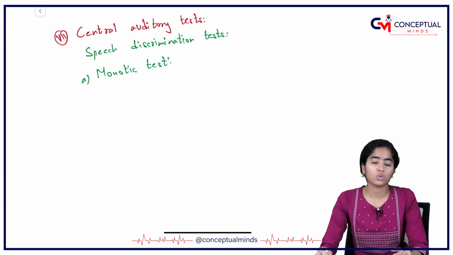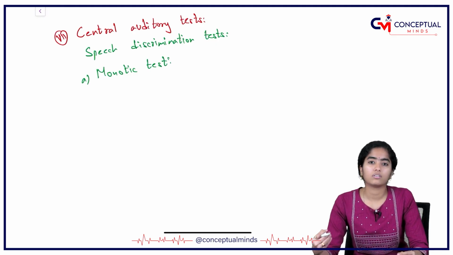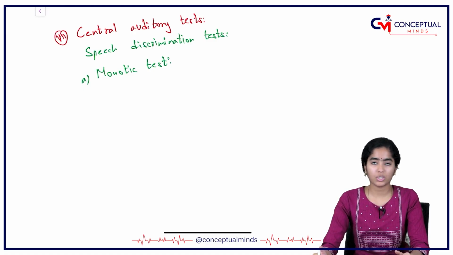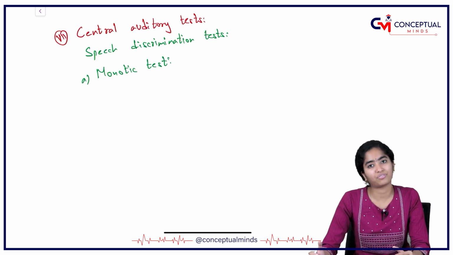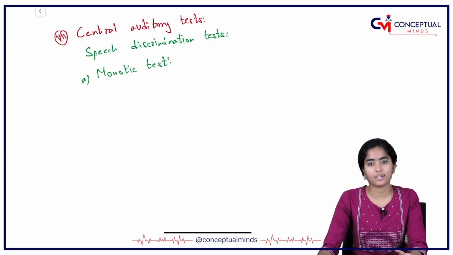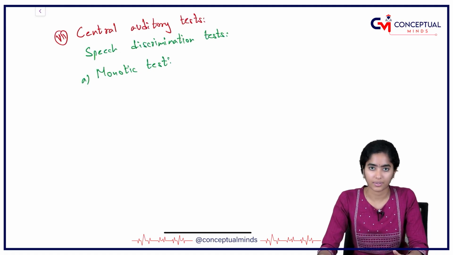Now some people do not speak clearly, they mumble or murmur and their speech is not clear. So such type of speech is given to the patient, and a patient with lesion of the brain, that is in the cortex, will have difficulty in understanding this message. Normal people also have difficulty in understanding a speech that is not clear, but these people absolutely fail to understand.